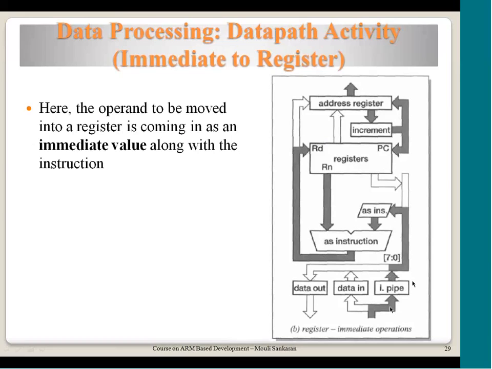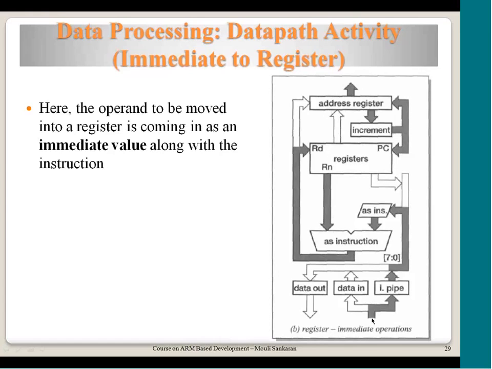Because if you remember, different stages have instruction pipeline registers which pass on the values. So when this move instruction with the constant was fetched, the constant also came along with the instruction. So it passed on through the decode stage and it is required for the execution stage, because that constant has to flow through this barrel shifter to operate on the operand, or be written back into the register.